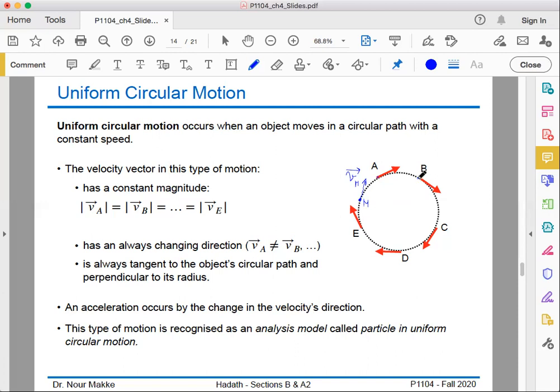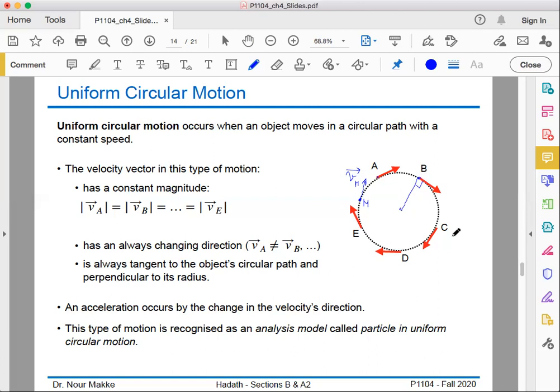At any point you take along this trajectory, if you draw the vector, you'll see that it is tangent to the curve at this point, and it is perpendicular to the radius. If you just draw the radius between point B and the center of the circle, you'll find that this vector is perpendicular to the radius.